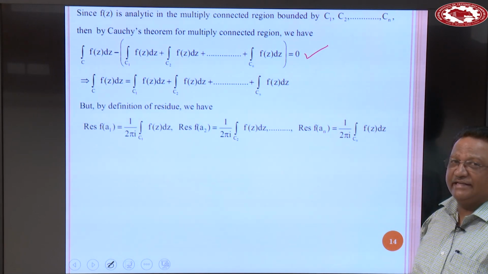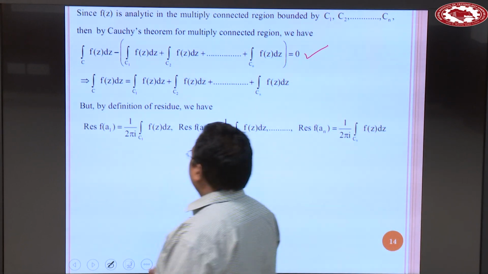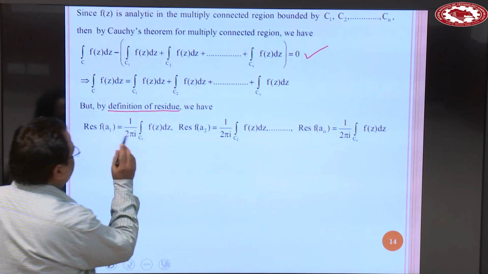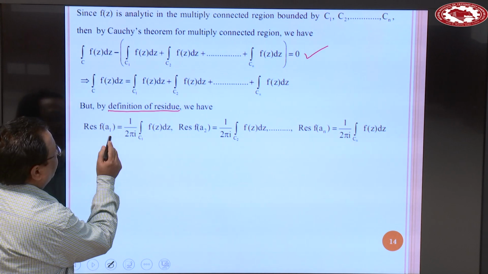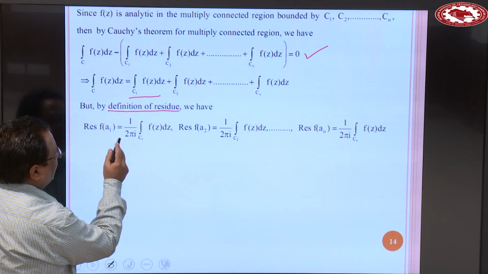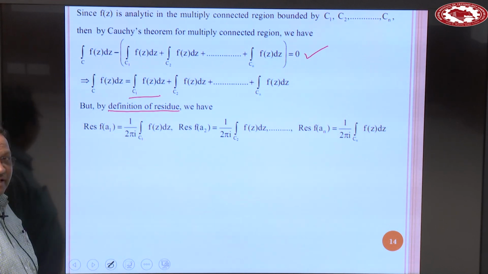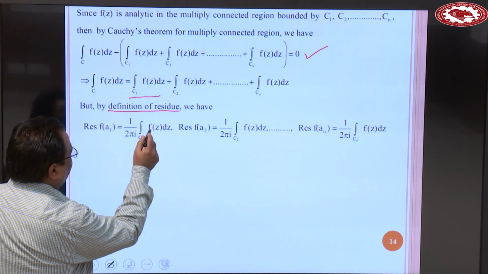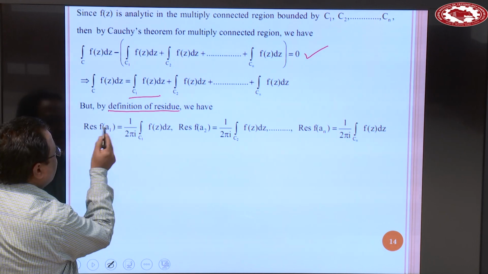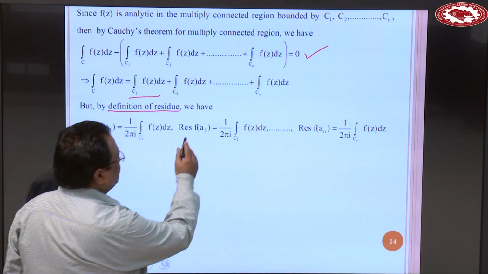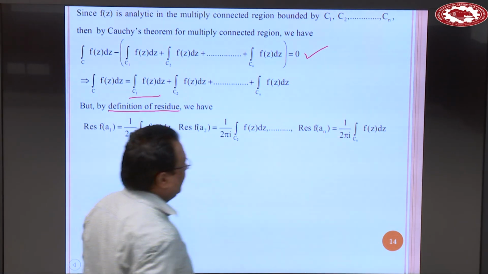Now by using the definition of residue. So what does the definition of residue say? In the definition, residue f(a1) is equal to 1/(2πi) times the integral over C1 of f(z) dz. Clear? And this means this integral value is 2πi times residue f(a1). Similarly, residue f(a2) is this, residue f(an) is this.